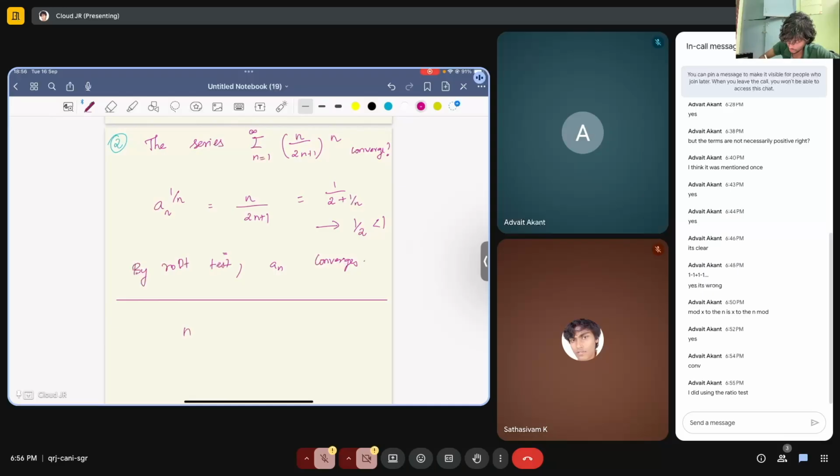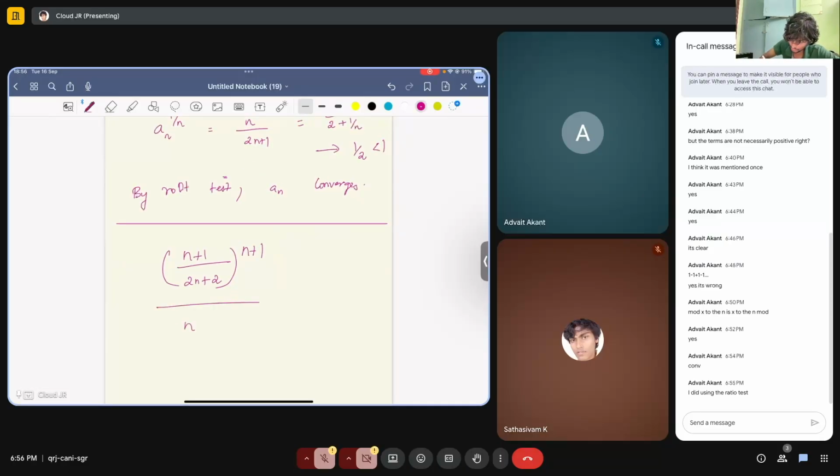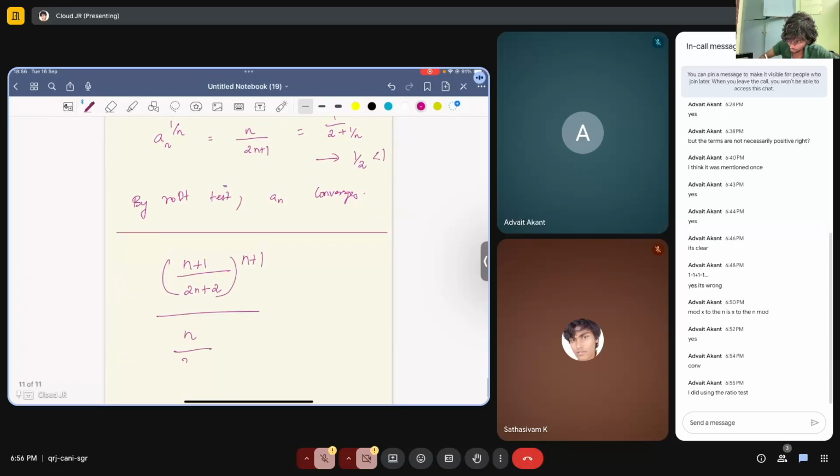So it's (n plus 1) by (2n plus 2), whole power n plus 1, divided by (n by 2n plus 1) to the power n.